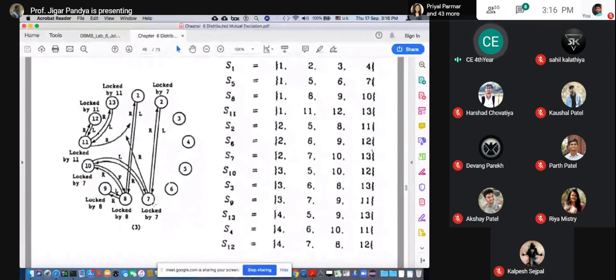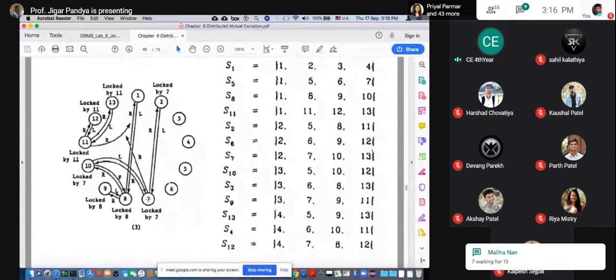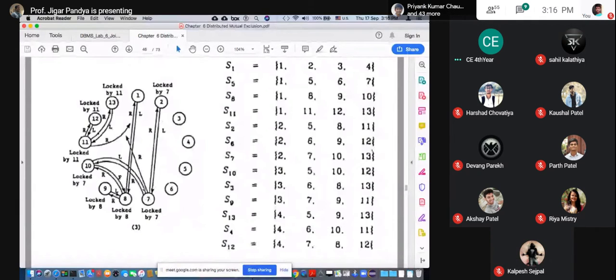How about site 7? Can it go? Site 7 is waiting for 13. Yes or no? Right, correct. Maliha, you are right.